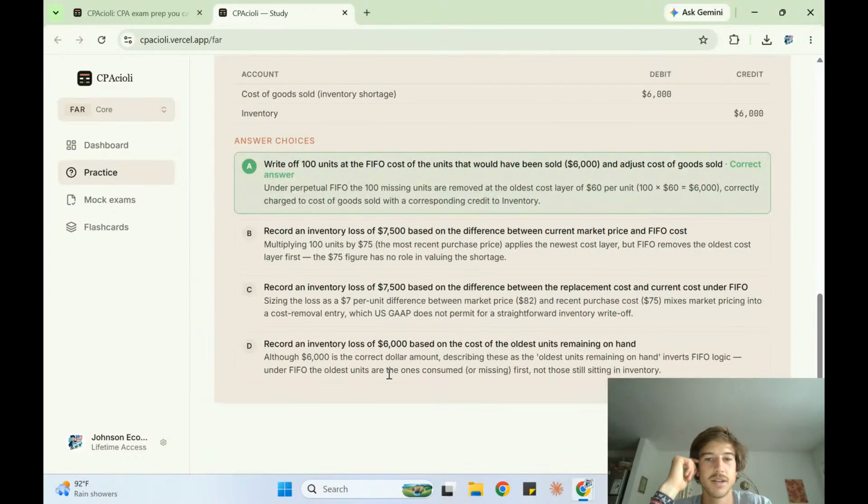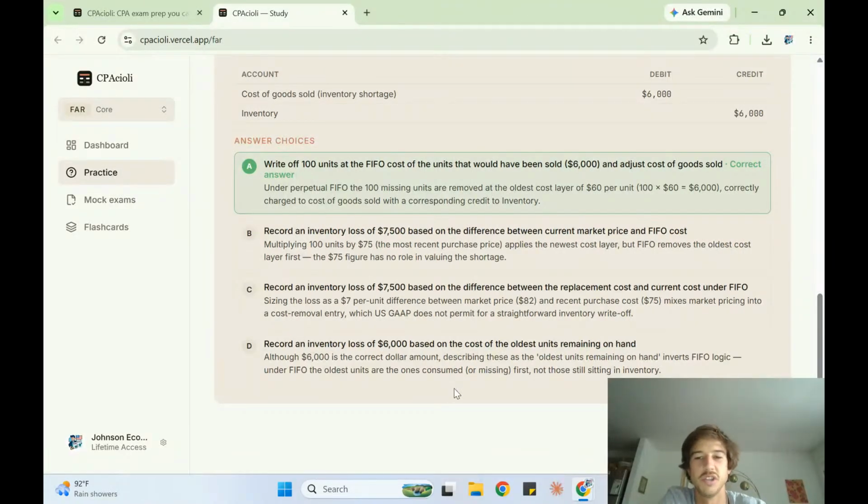Let's see. Okay. So remaining on hand, but FIFO doesn't use the first ones remaining on hand.